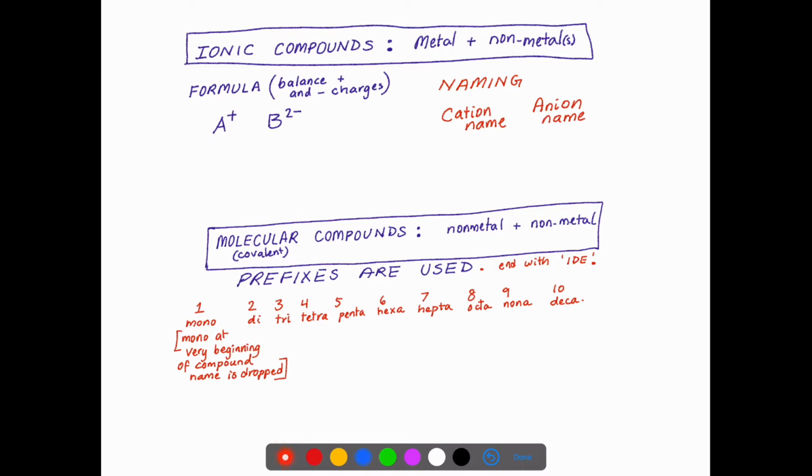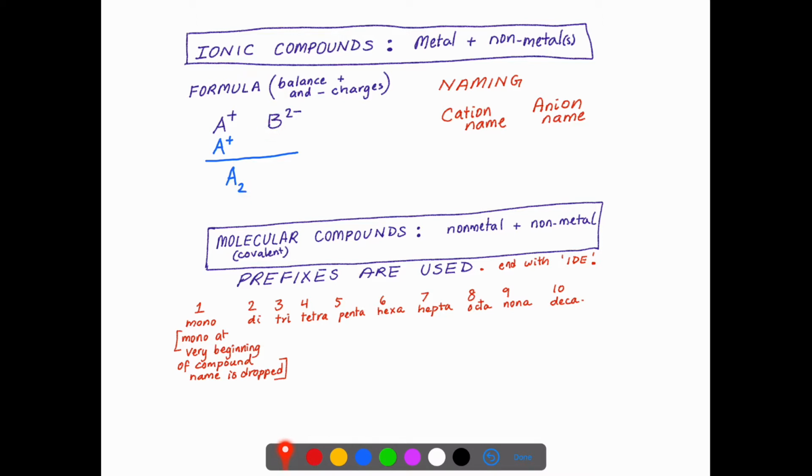So if I take two of these A's, now I have equal positive and negative charges. I have two positives, and here you have two negatives. So you write the formula as A2, since we have two A's, the number 2 goes as a subscript.